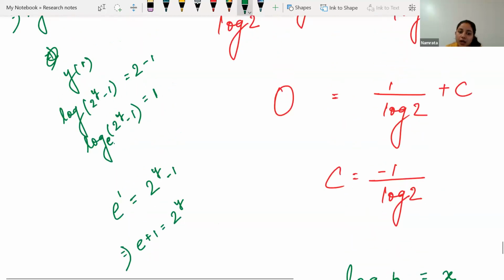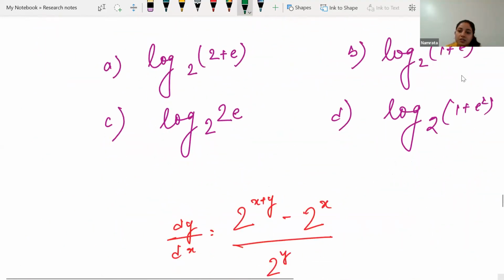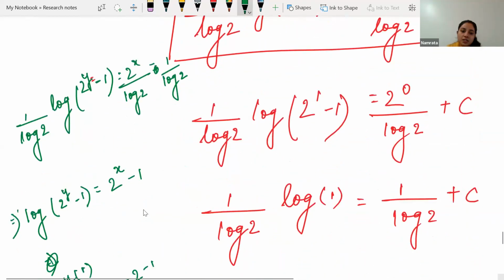Now it looks like we are almost there. You can see the options: 1 plus e, 1 plus e square, 2 plus e. So we have got 1 plus e over here.